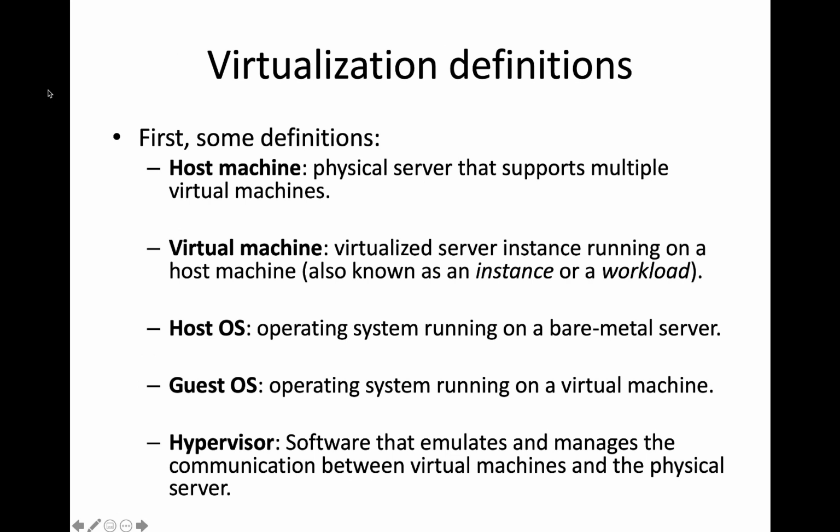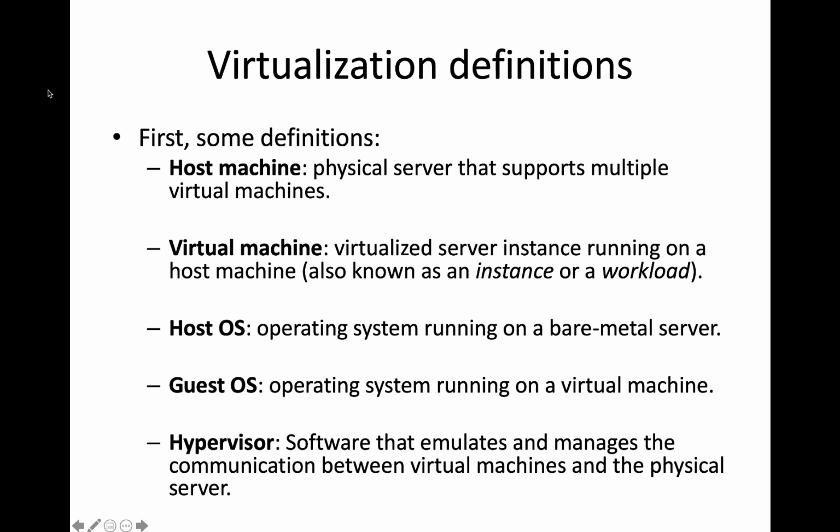Now, when we look at virtualization technologies, you need to understand a couple basic definitions. First of all, we have the host machine. The host machine is essentially the physical server that is supporting multiple virtual machines. So, virtualization always requires some sort of physical hardware that is supporting the virtual machines, and that's what we call the host machine.